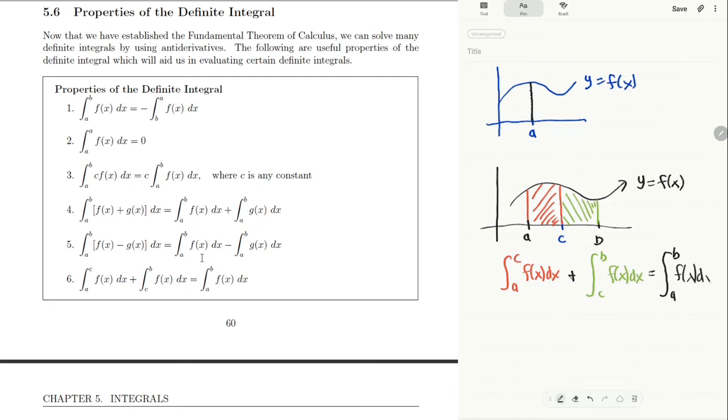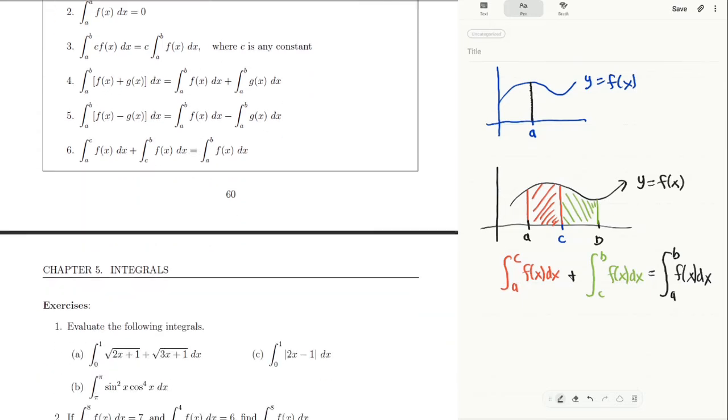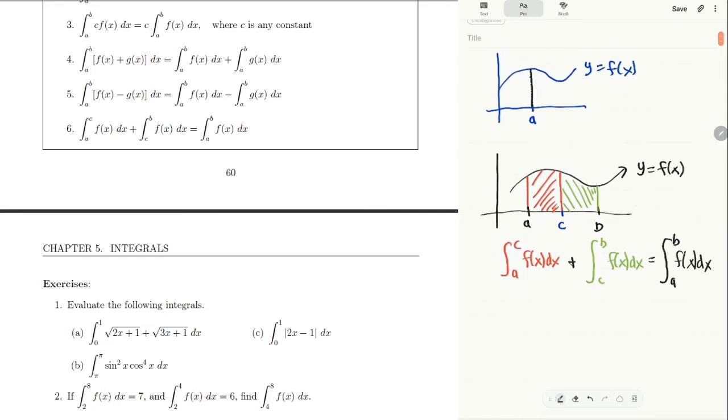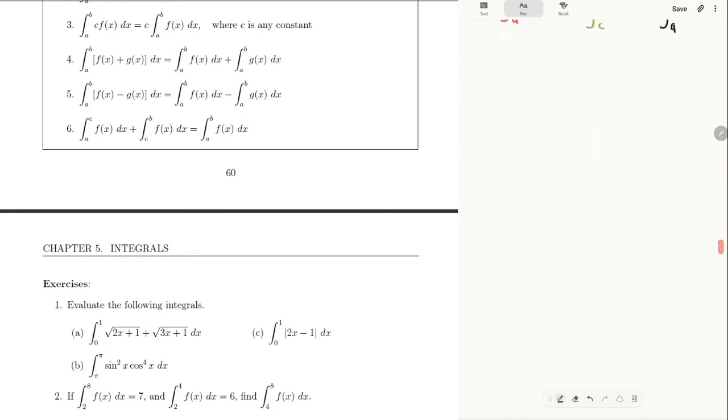So now let's have a look at some examples of using these properties to evaluate certain types of integrals. So let's have a look at the integral from 0 to 1 of the square root of 2x plus 1 plus the root of 3x plus 1 dx.